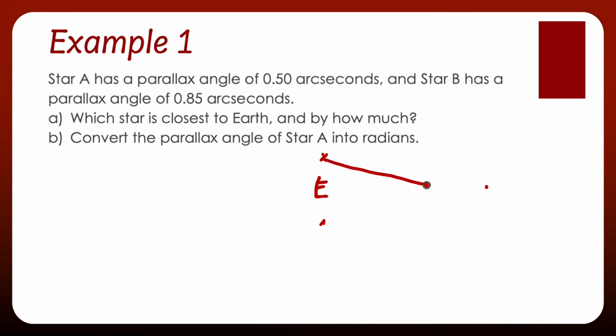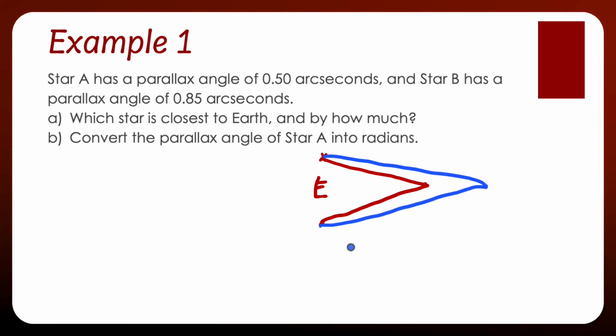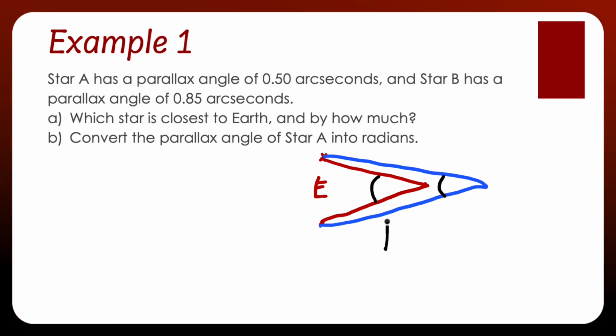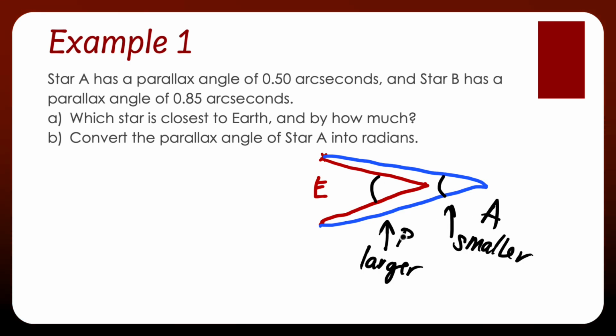Now, if I go here, and let me draw the other one in a different color. Pretend those are straight lines. Do you see how this angle here is larger than this one? And star A has an angle of 0.5, but B is 0.85. That means this one must be A, and this one must be B.